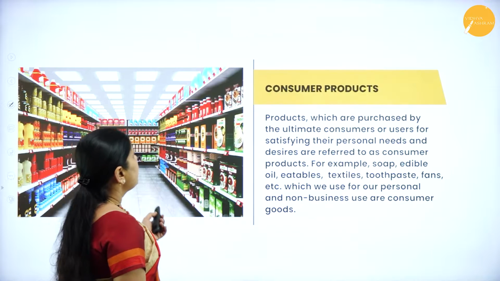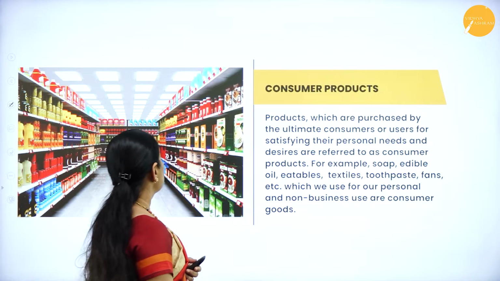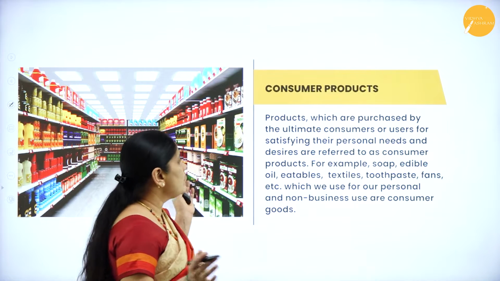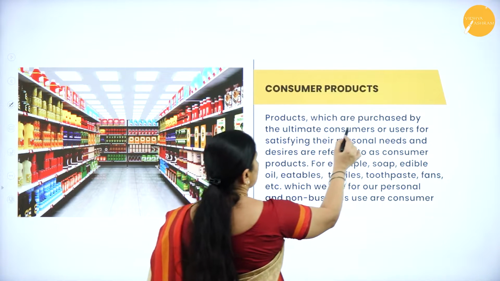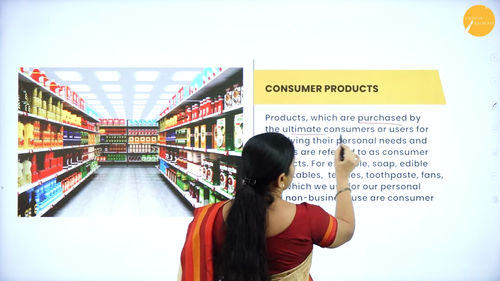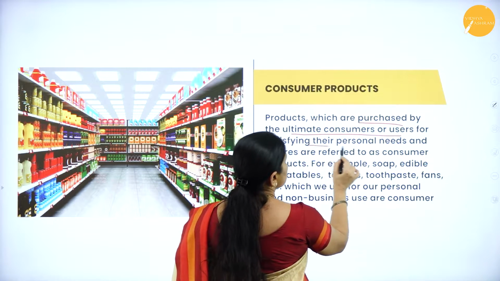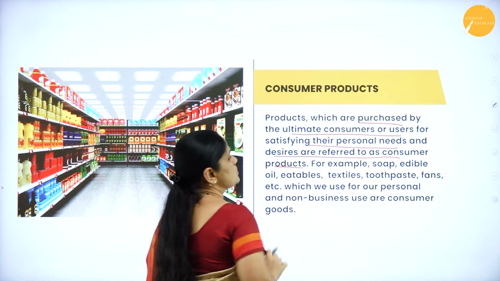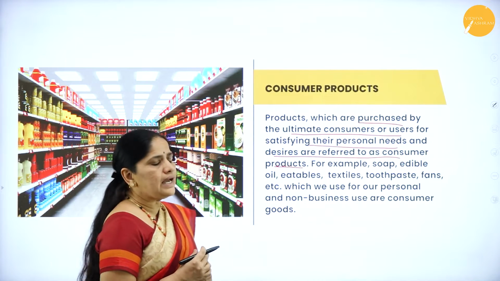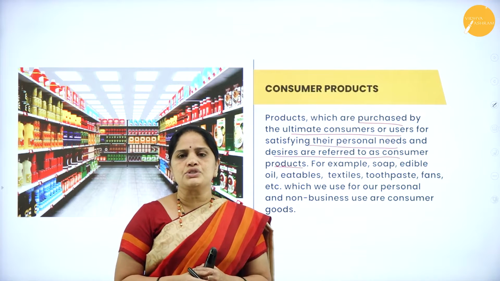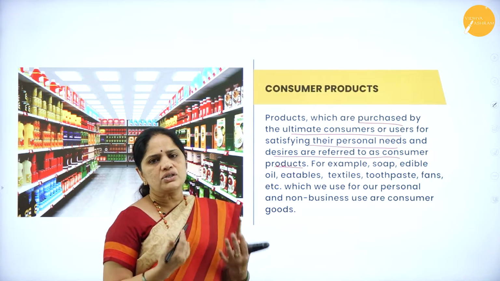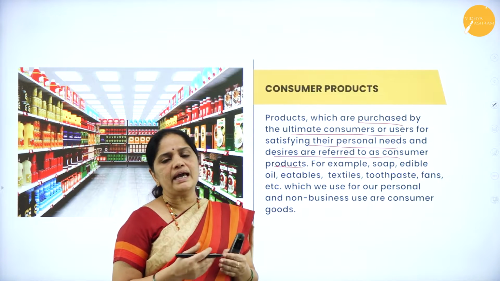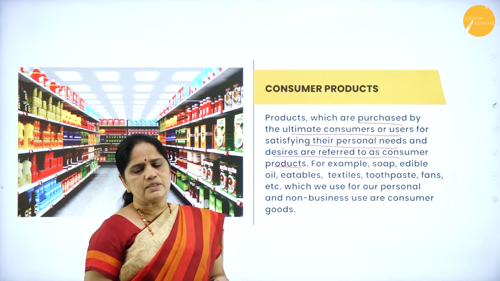So, let us see what we mean by consumer product. If you can see in this picture, there is an array of consumer products. Products which are purchased by the ultimate consumers or users for satisfying their personal needs and desires are referred to as consumer products. So, it may be anything we use in our daily life, like the face cream, the face powder, or the soap.